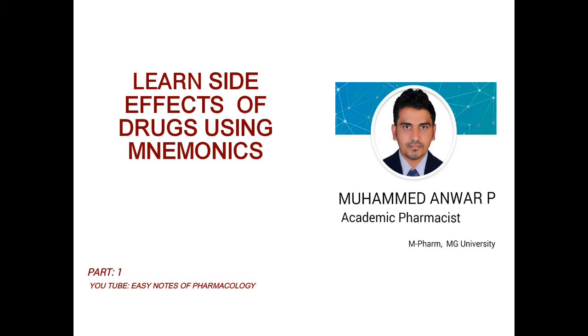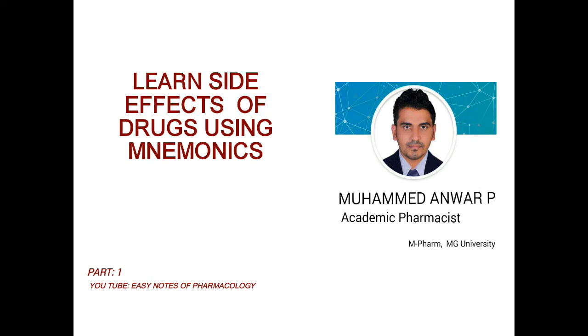Today in this video, I am going to tell you about a technique to learn side effects of drugs using mnemonics. As you all know, side effects or adverse drug reactions of drugs are quite tricky in some cases. In most cases, it's a bit difficult to remember, because in some cases it's quite unrelated with the exact pharmacology of the drugs.